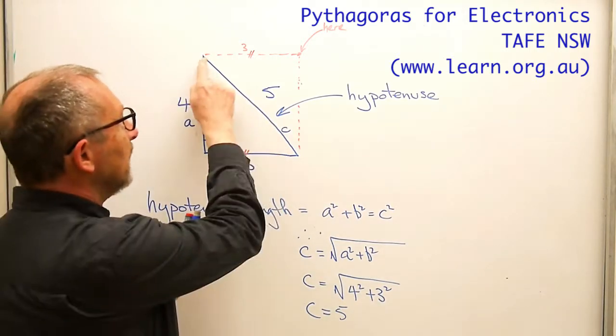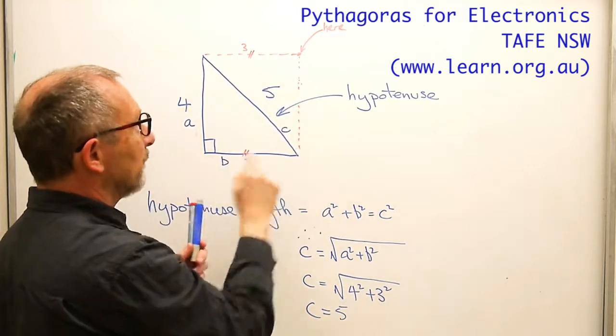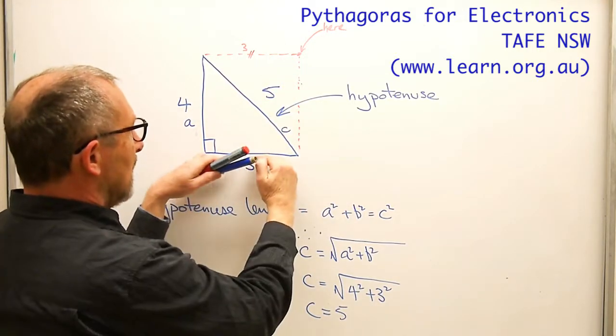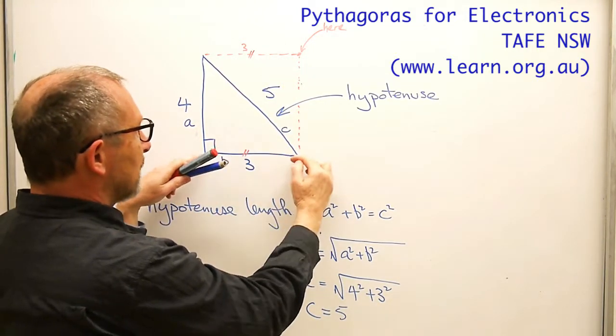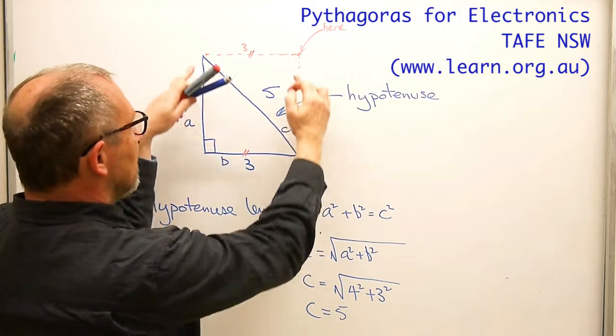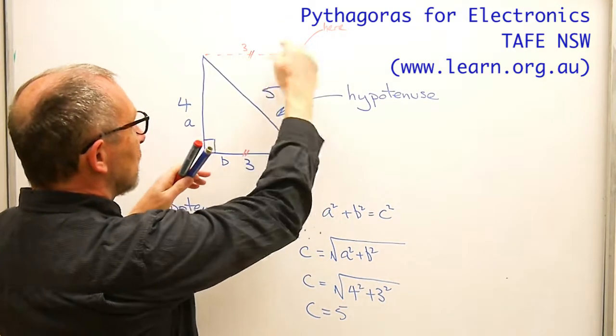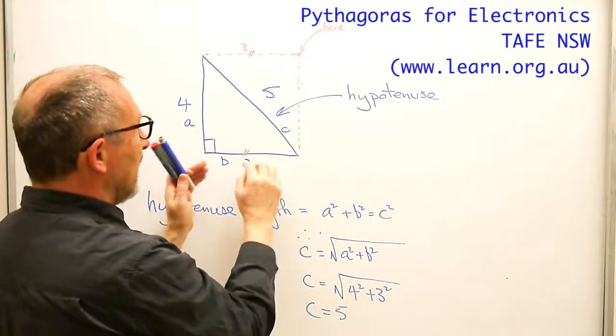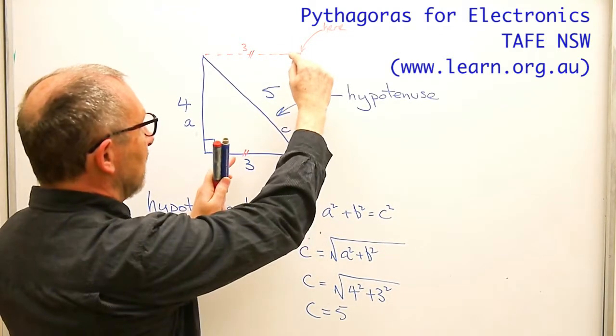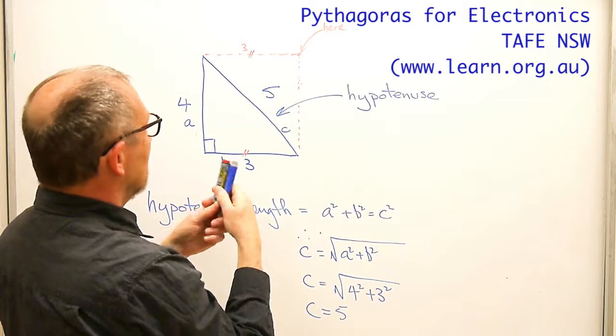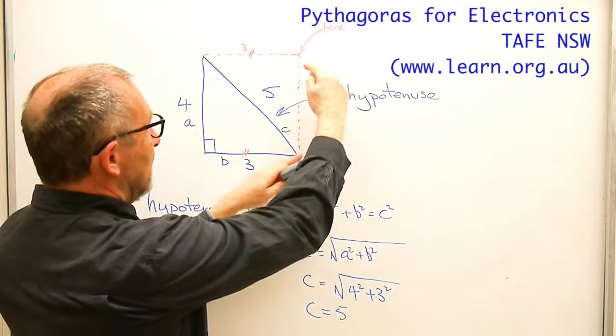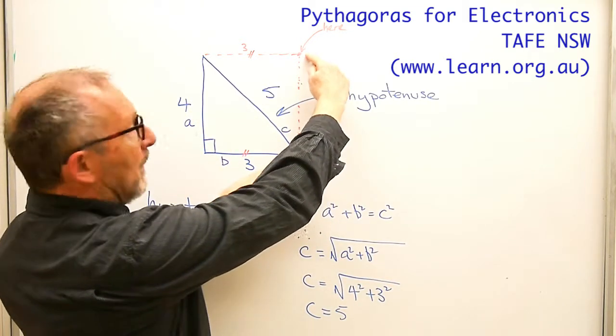However, I've drawn in red here against our 3, 4, 5 triangle. I've lifted this side, which is 3 units, up to the top. It is actually now a square, so these two sides are the same length, and this side 4 is going to be the same dimension over here.